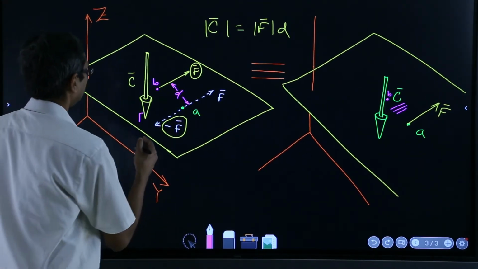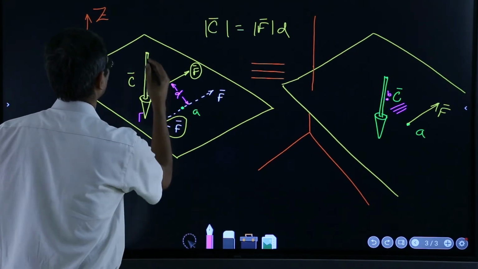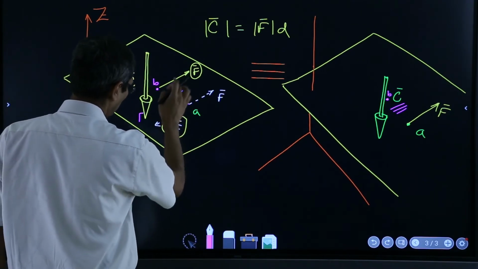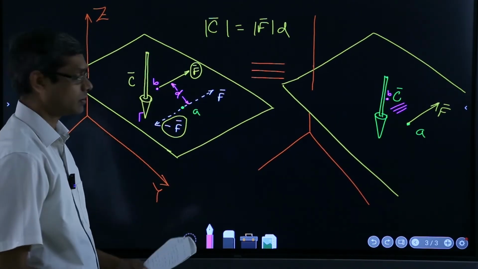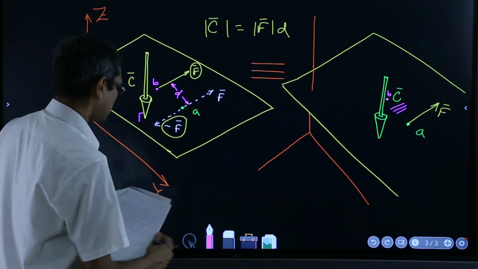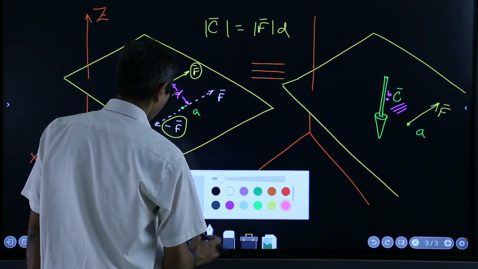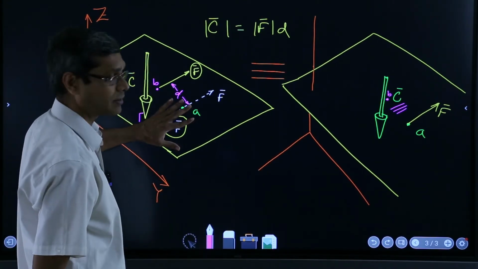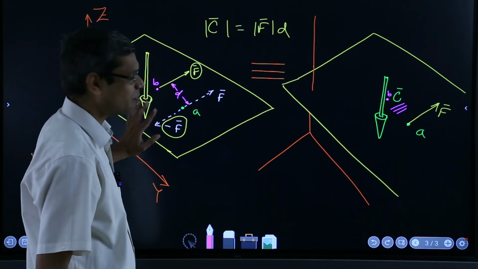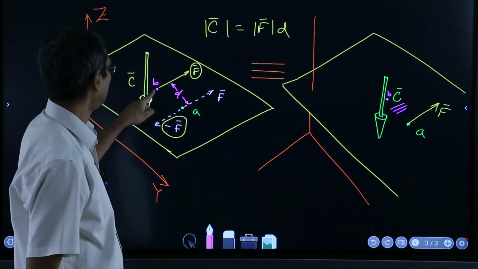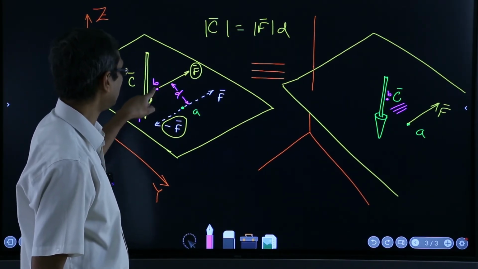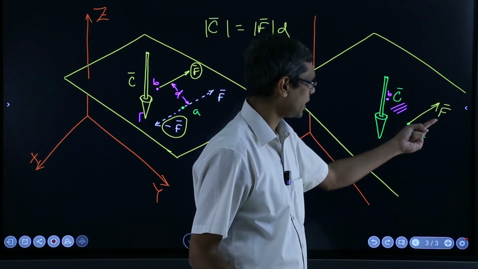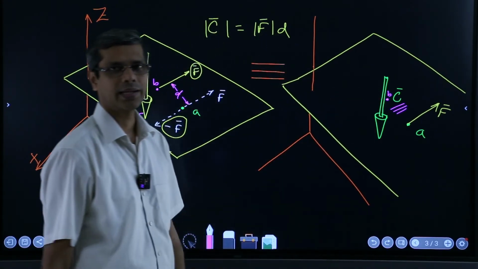Means I have drawn this just to show, otherwise this was not there in the situation, right? You understand what I mean. In the process of derivation I have drawn it, but the equivalence is between this force at B and the same force being shifted to A plus a couple moment acting like that.